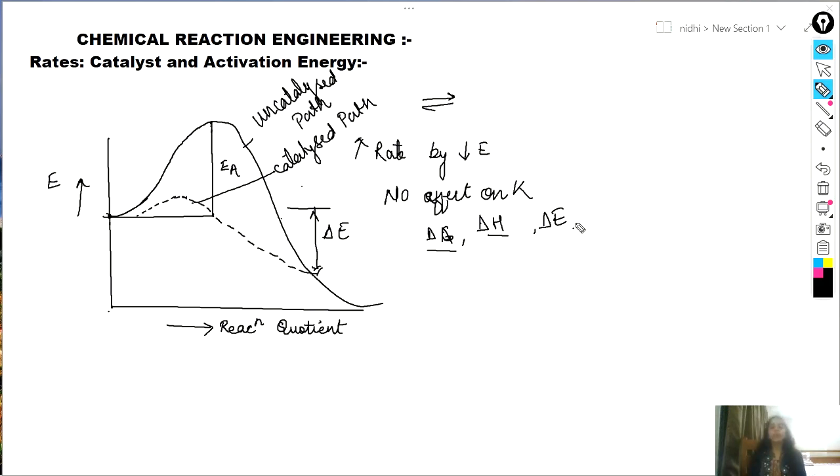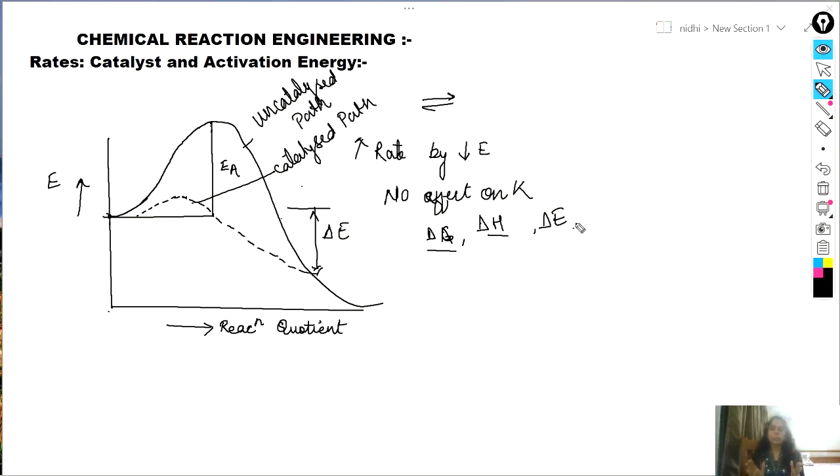But the most important thing with the catalyst is to realize that they lower the activation energy and increase the initial rate without changing any of these quantities. So that means the equilibrium or any of the overall energy exchange that occurs as we move throughout this reaction.